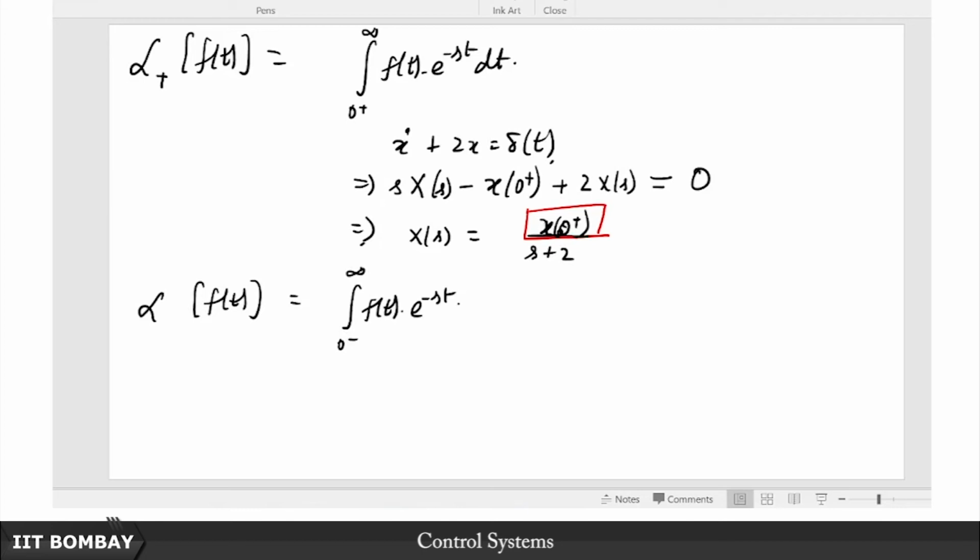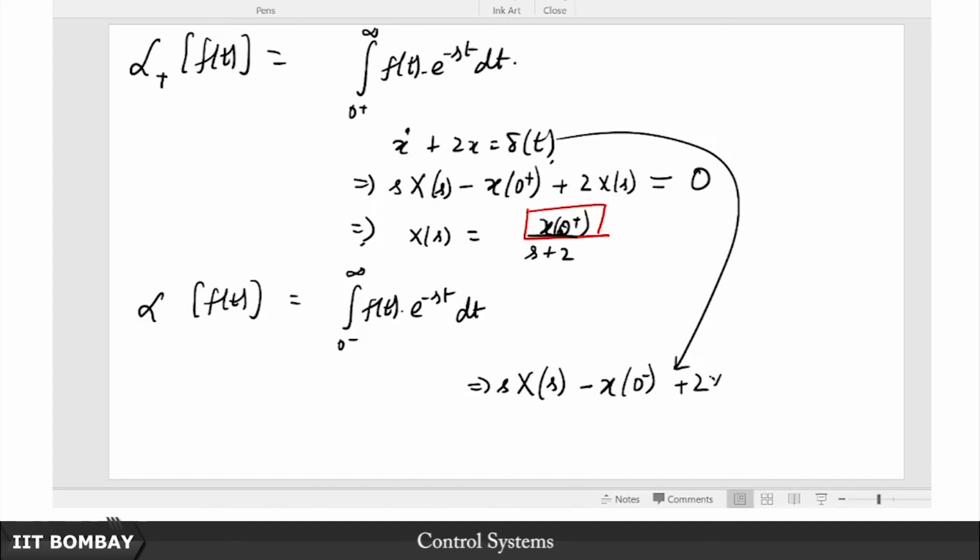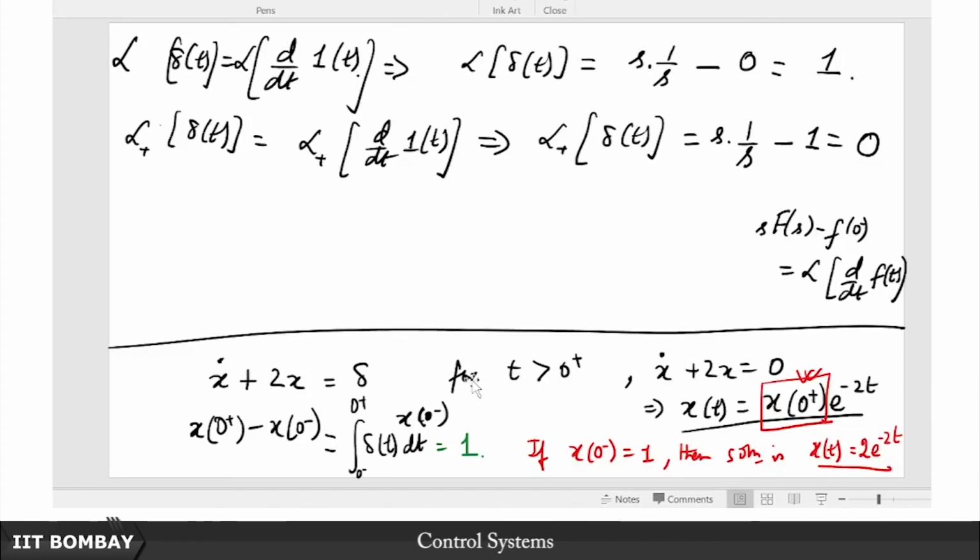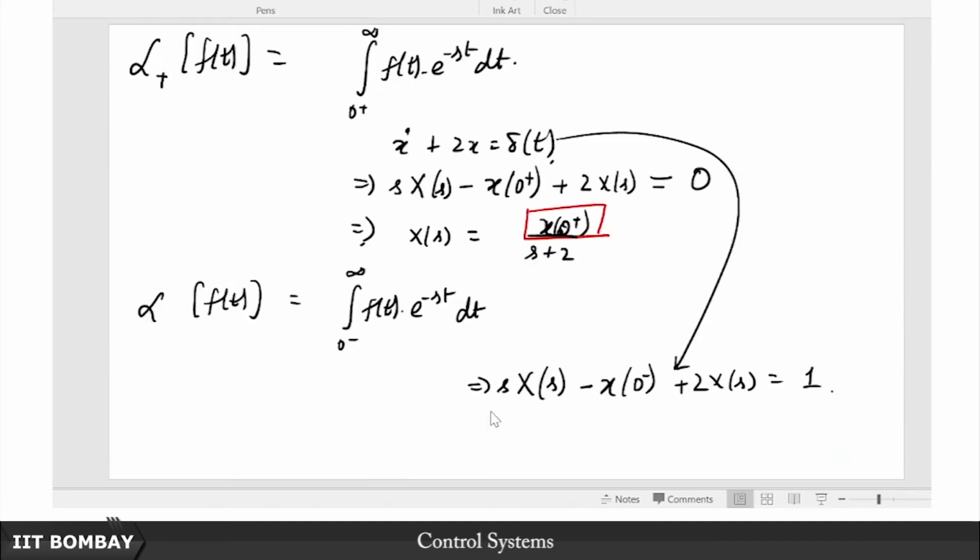If we use this definition of the Laplace transform, does it help? Well, coming from this, let me take the usual Laplace transform, let me call it not the L minus but the conventional Laplace transform. What we will then have is s x(s) minus x of 0 minus plus 2 x(s) is equal to 1. So far we have not needed the use of any such argument like in the previous case.